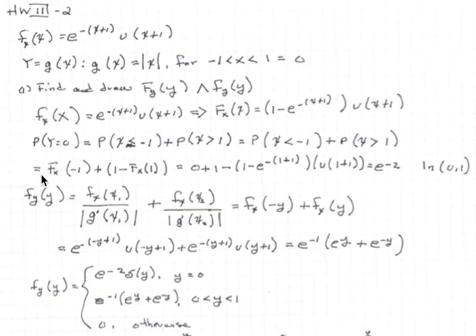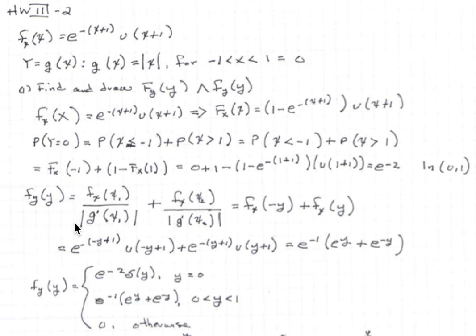When we translate this into the corresponding equation, we have f of x at the value of minus 1 plus 1 minus the value of the preceding distribution function, equal to 0 plus 1 minus 1 minus e to the minus 1 plus x times the quantity u of 1 plus 1, which is equal to e to the minus 2 over the interval 0 to 1.